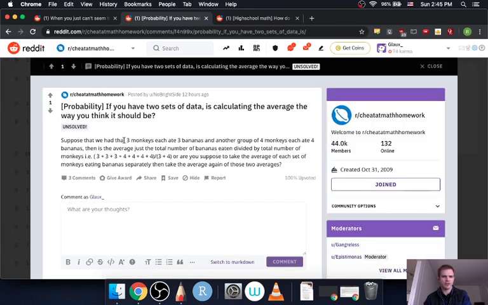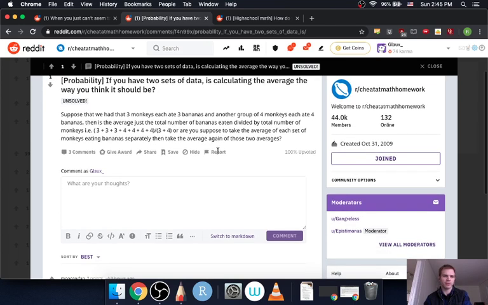Suppose that we had that 3 monkeys each ate 3 bananas, and another group of 4 monkeys each ate 4 bananas. Then is the average just the total number of bananas eaten divided by the total number of monkeys?